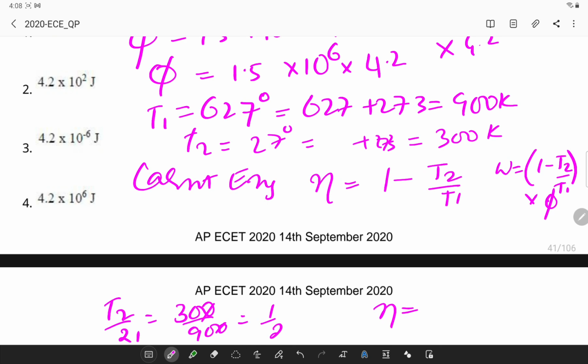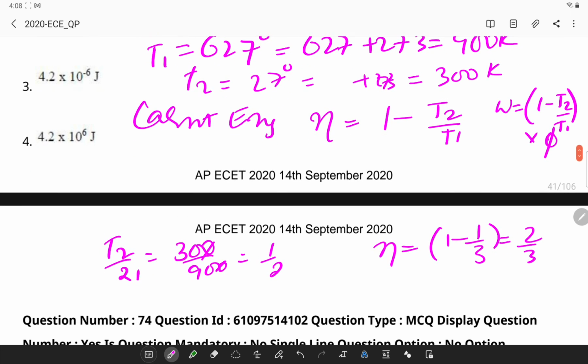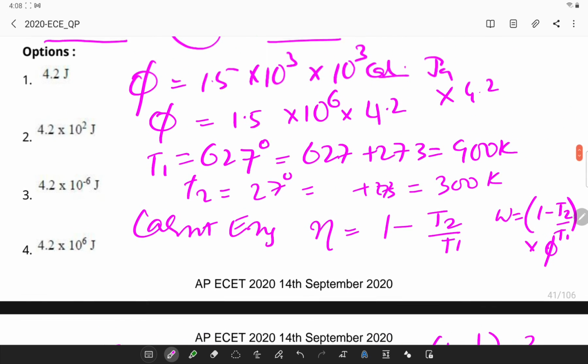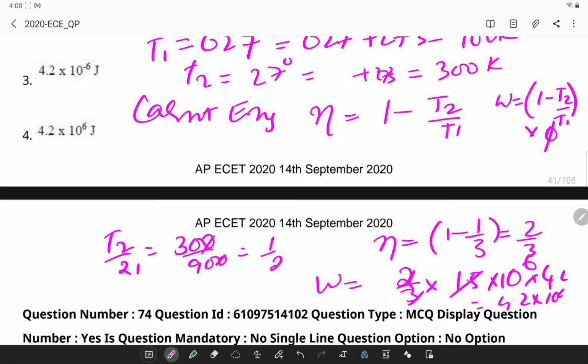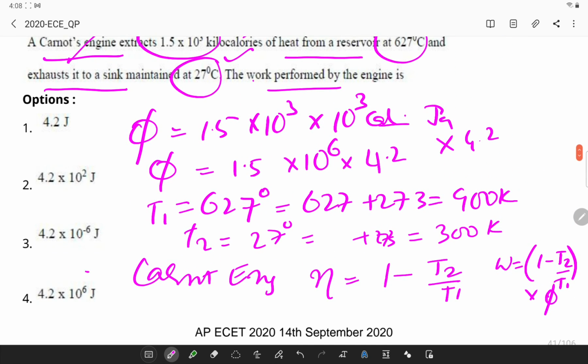So efficiency is 1 minus 1 by 3, which is 2 by 3. So work will be 2 by 3 into 1.5 into 10 power 6 into 4.2, which is 4.2 into 10 power 6 joules.